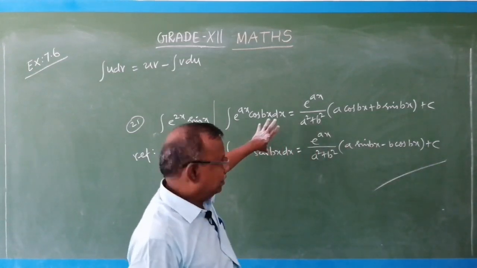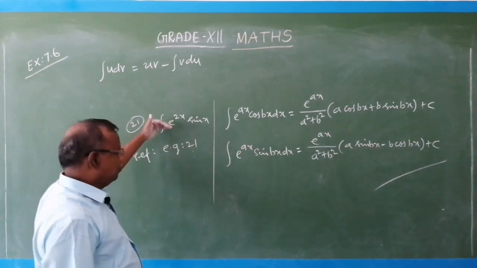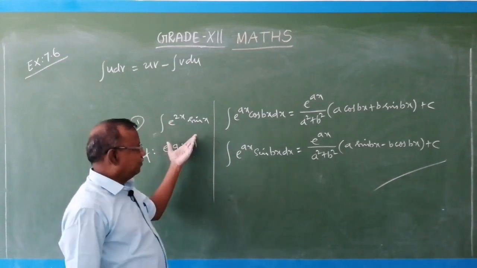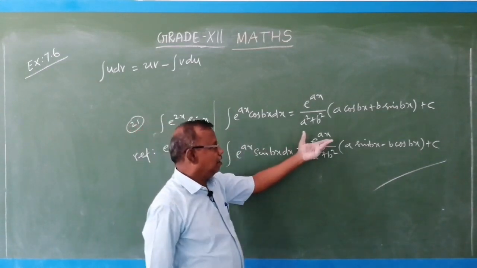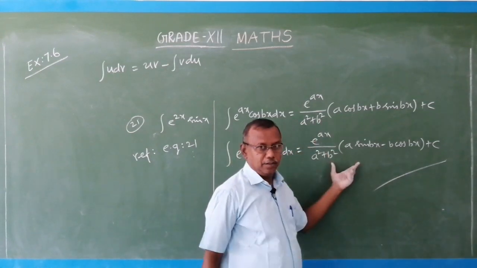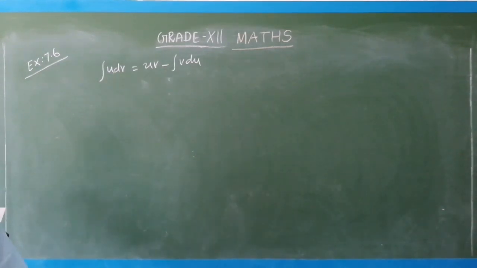Do not use this formula directly for writing the answer. You have to integrate by the procedure, and then finally you can check whether your answer is correct using this formula.